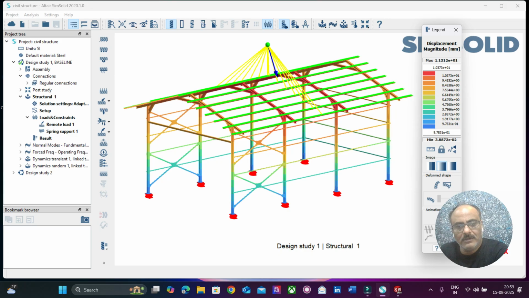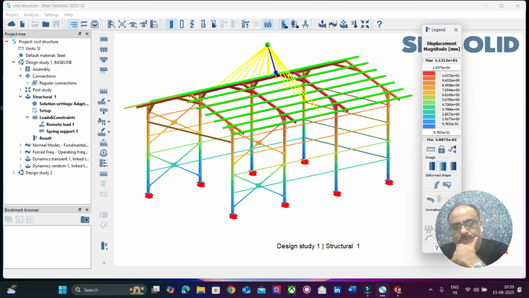So these are members which are extremely good in taking the bending stress value. Now what about the deflections? That is very important. Since the deflection value is 10 mm, this structure cannot be further processed, which means we need to seriously do something on the design so that the deflection value reduces by at least say 80% or 90%.